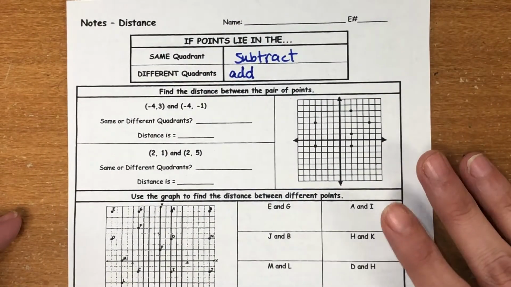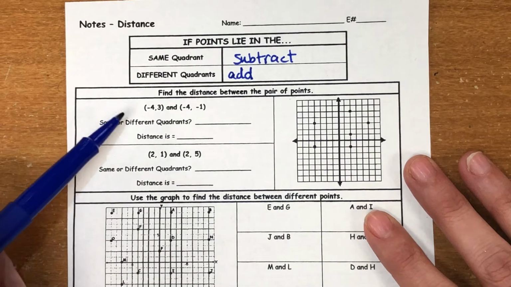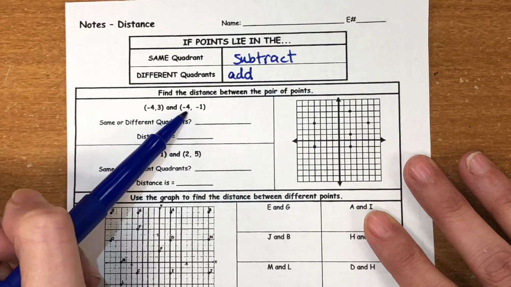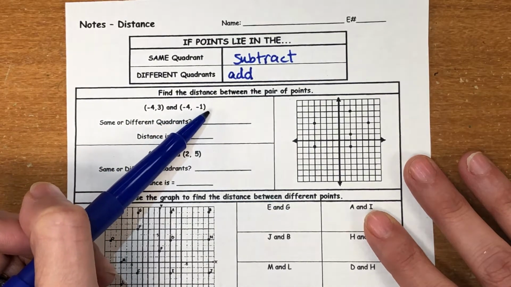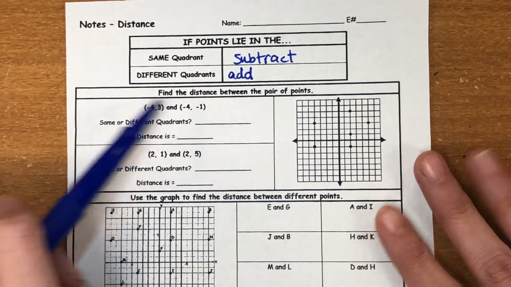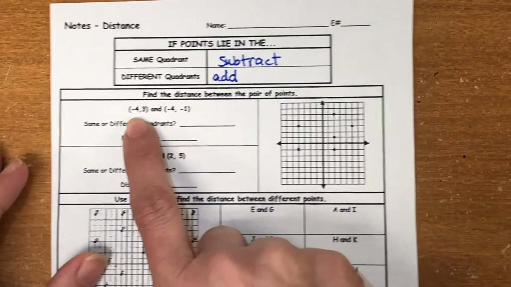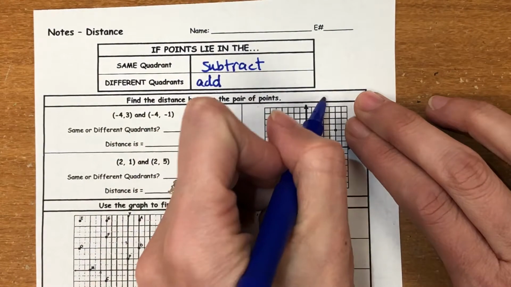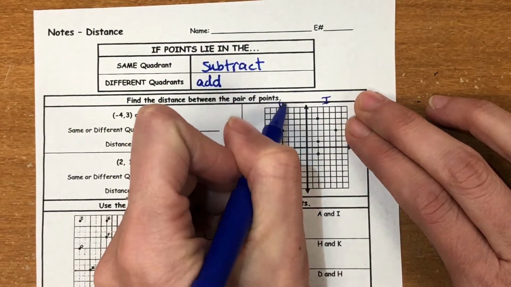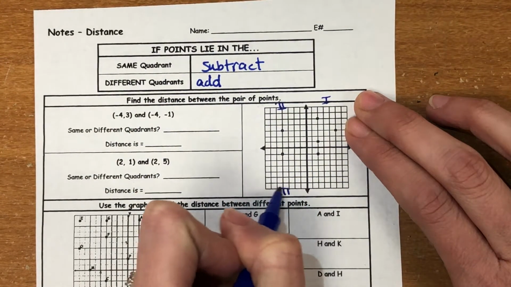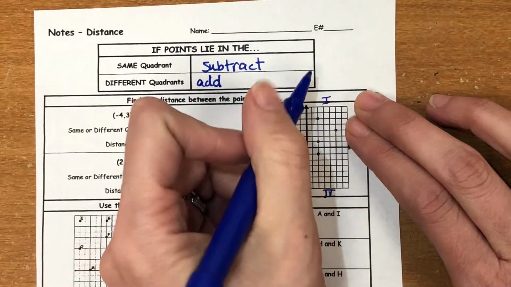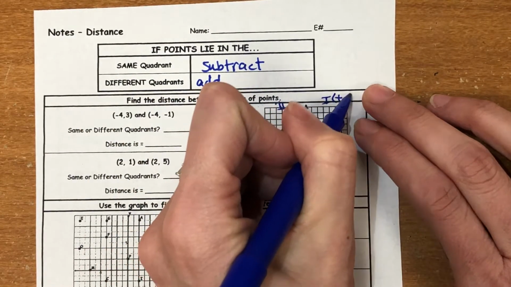As we look at the points (-4, 3) and (-4, -1), we notice, when we're talking about the quadrants, remember over in my graph we have quadrant 1, quadrant 2, 3, and 4. Quadrant 1 is always going to be positive, positive.